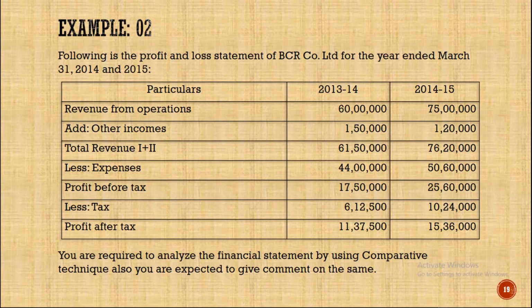So already we have seen how to prepare a comparative statement. Columns will remain the same as we have used in preparing the comparative balance sheet. So let us see the solution of this example.